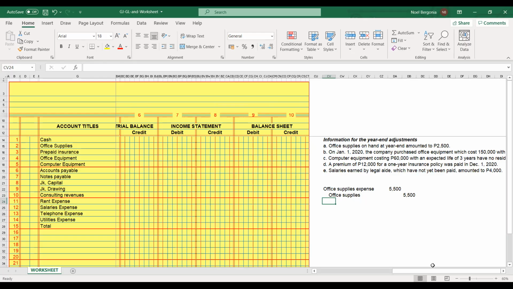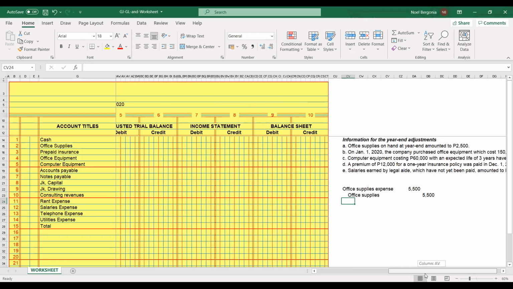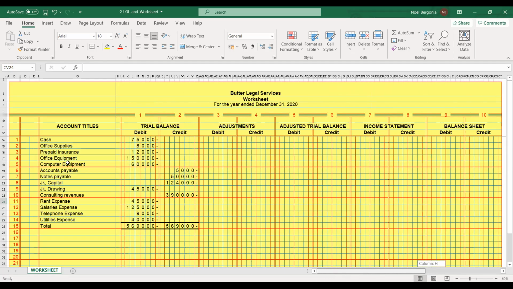So debit tayo ng office supplies expense. Tignan natin yung ating account titles. May office supplies expense na ba? Wala. So paano gagawin natin, sir, kung walang office supplies expense account dito pero nasa chart of accounts naman natin? Ang gagawin mo lang, kung hindi siya makikita dito sa ating initial set of account titles, idadagdag mo lang siya dito sa baba ng total. Kung nandyan naman, wala na tayong idadagdag.